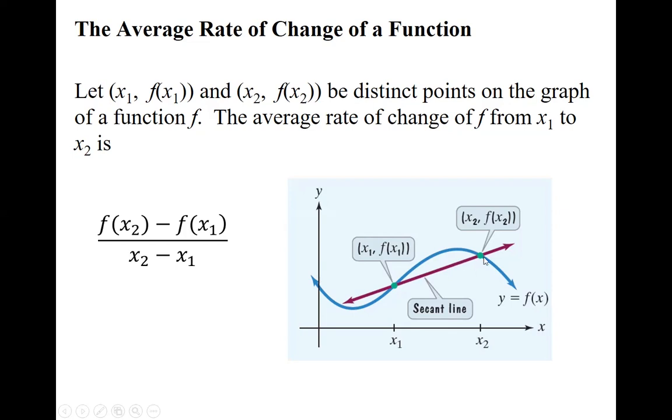And by the way, a line that intersects another curve in 2 points is a secant line. If we were to find the slope of this secant line, we would have what we call the average rate of change from the initial x value to the final x value. So the average rate of change from x1 to x2.